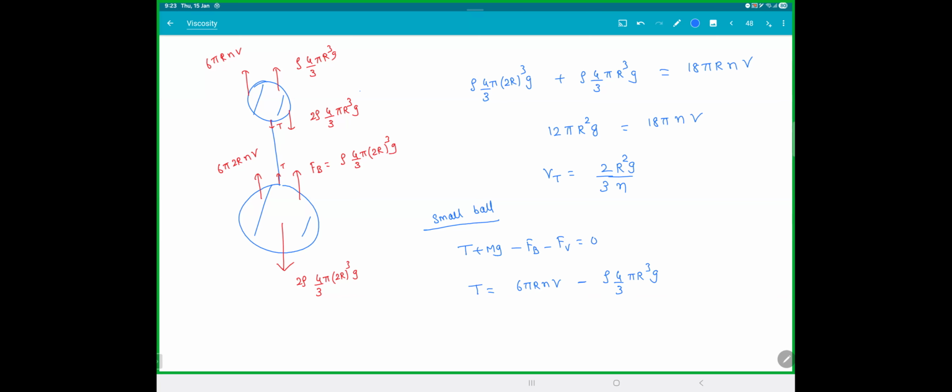Substitute that and you'll get the answer. You could take any one ball to find the tension. Clear with this? It's just putting the forces and solving. It's just a little lengthy, but you can do it.